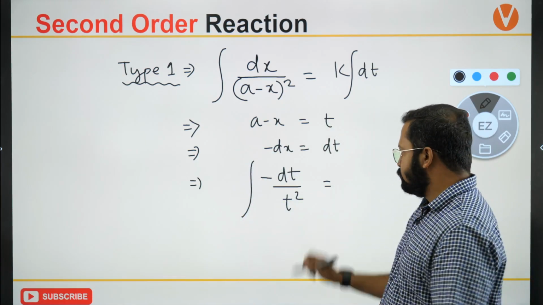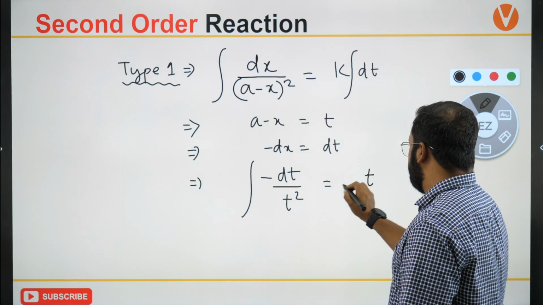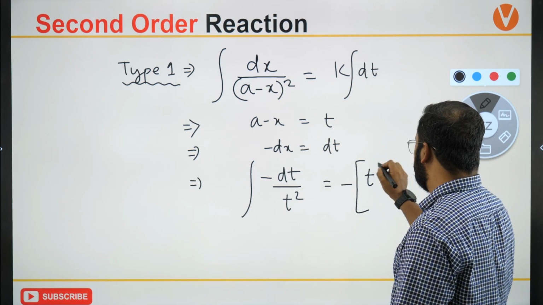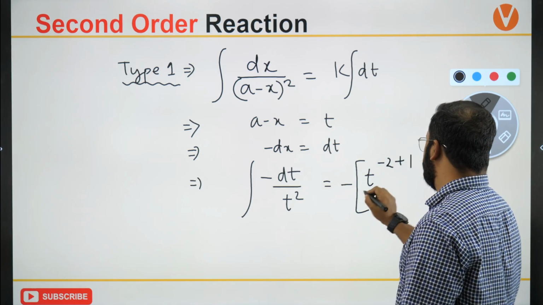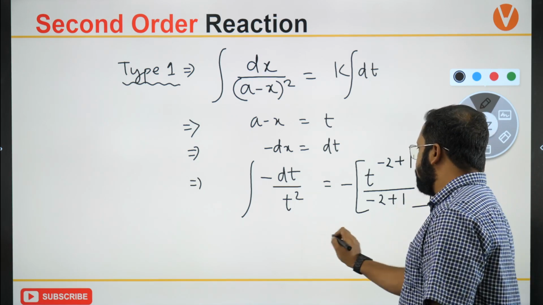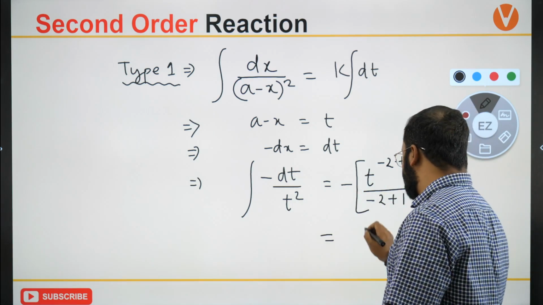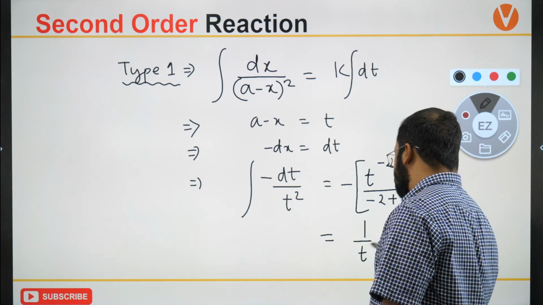Okay, so this will be minus of t to the power minus 2 plus 1 by minus 2 plus 1. This will be 1 minus 1 minus 1 1 and this will be 1 by t. I guess you should get the answer.